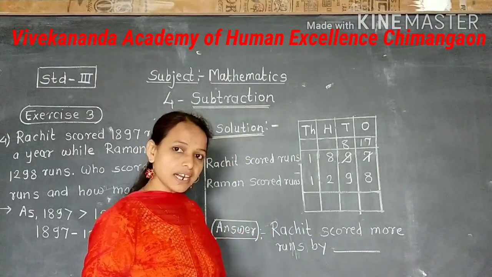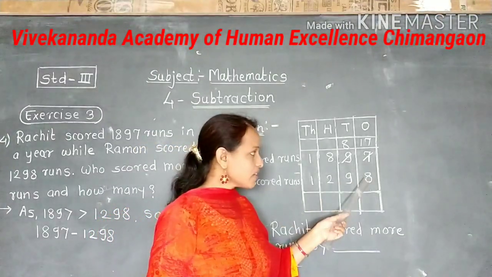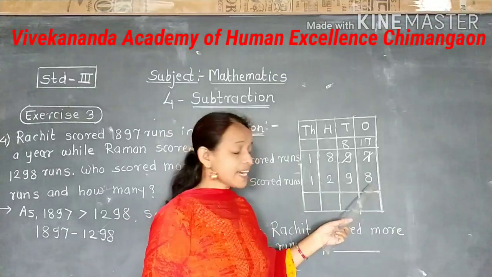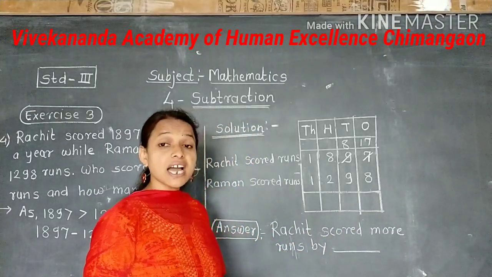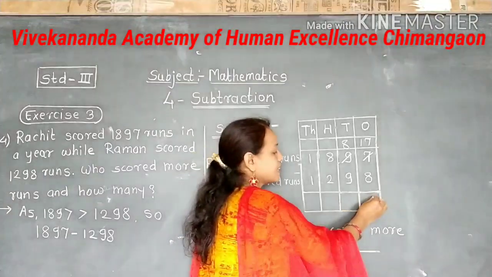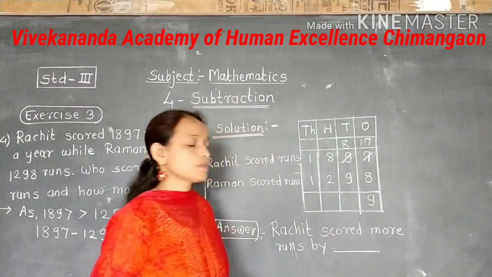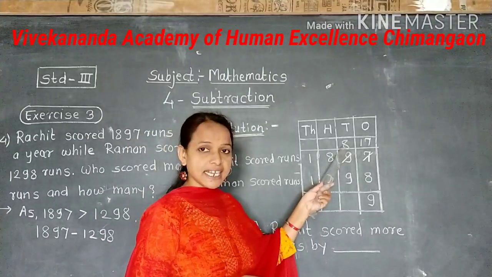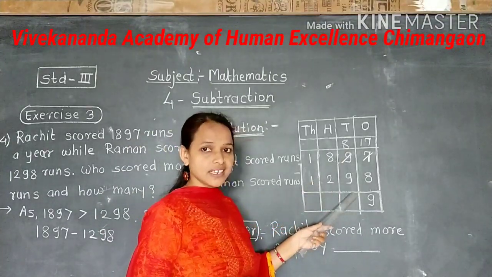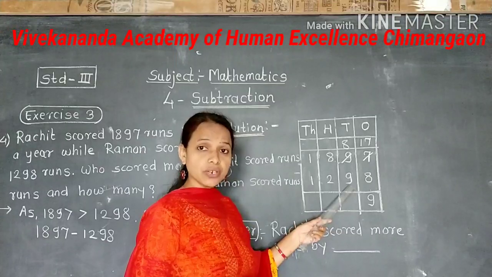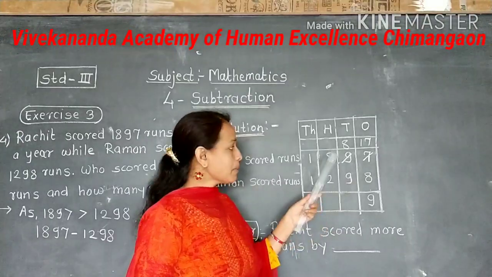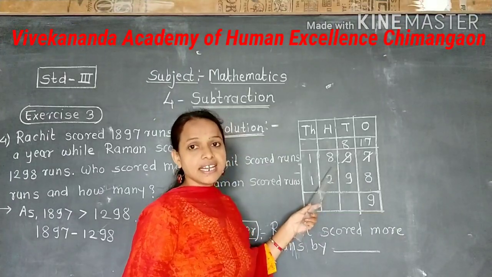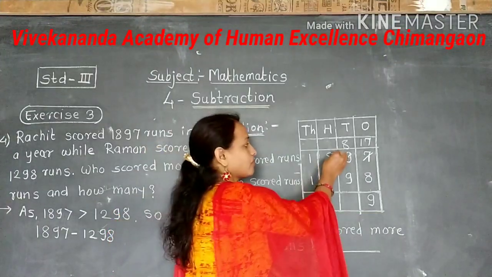Now we can subtract ones. Subtract 8 ones from 17 ones. 17 ones minus 8 ones remain 9 ones. 9 we write in ones place. Now subtract tens. But here 8 tens are less than 9 tens. So again here we have to regroup. How to regroup? By borrowing 100 from 8 hundreds. 8 minus 1, 7.